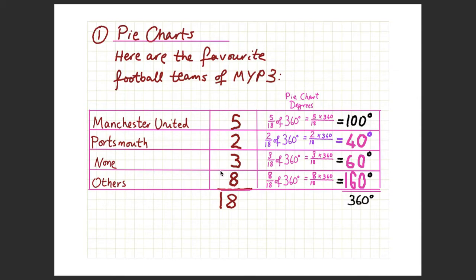Others, for example, is 8 out of the 18, so it's 8/18ths of the 360. 8 on the top, 18 on the bottom, times 360 on the top gives you 160 degrees for others. So all of the others worked out in a similar way, and then the angles should add up to 360 because that's a whole circle.